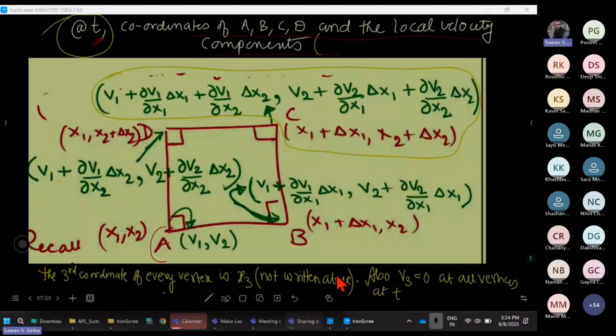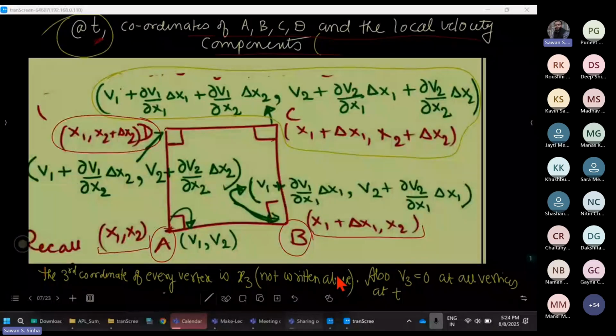Let's go to A. Coordinates at time t, x1, x2, base location. At point B, it is x1 plus delta x1, x2. D at time t, x1, x2 plus delta x2. And the coordinates of C at time t are x1 plus delta x1, x2 plus delta x2.